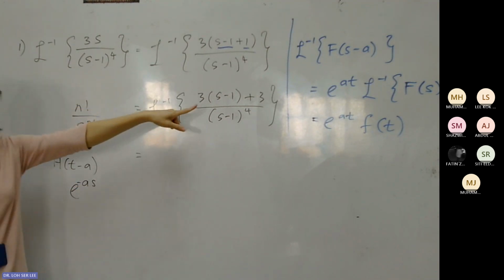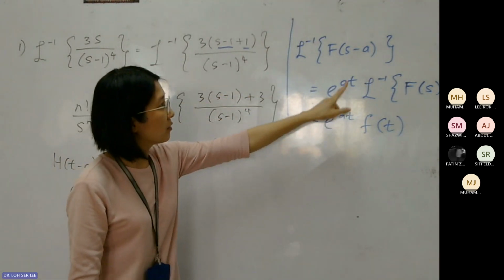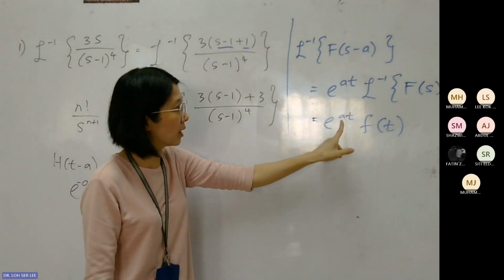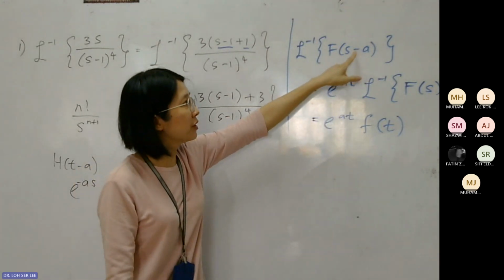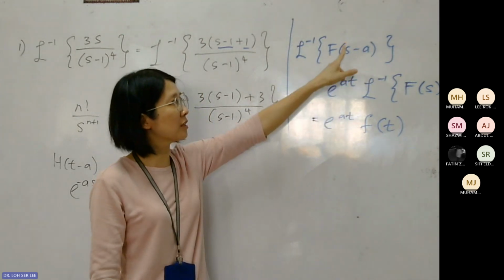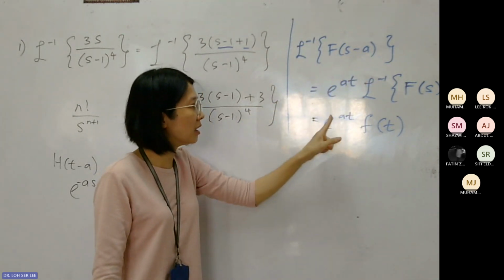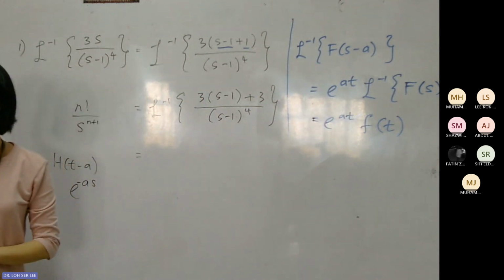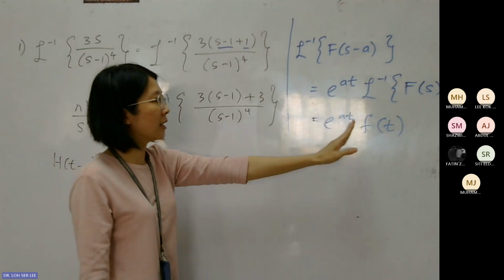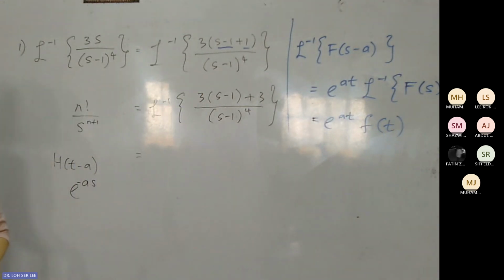But for this one, this is different. You see the difference? This is minus, this is plus. So if this is s minus 1, this is e^(t). If this is s plus 1, this is e^(-t). This is Laplace, this is inverse. Inverse, that's why we get the function back in t.